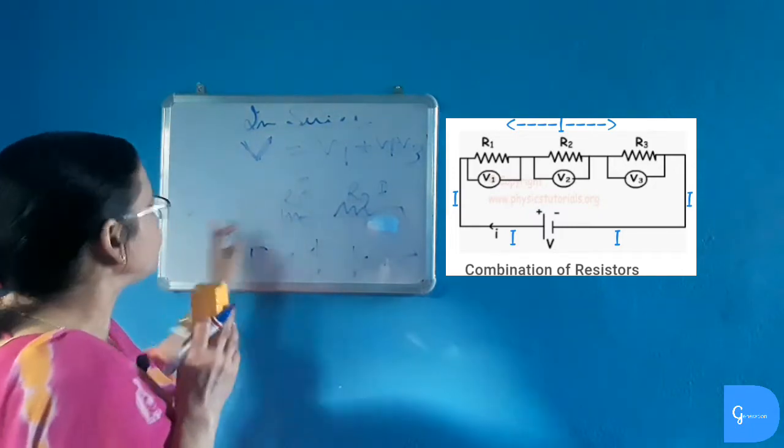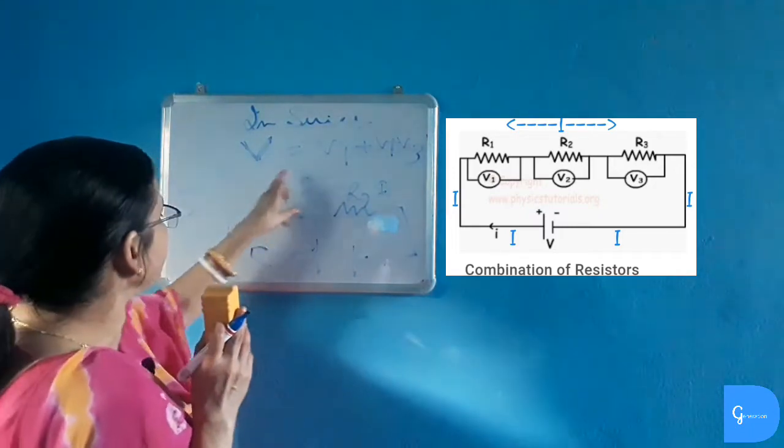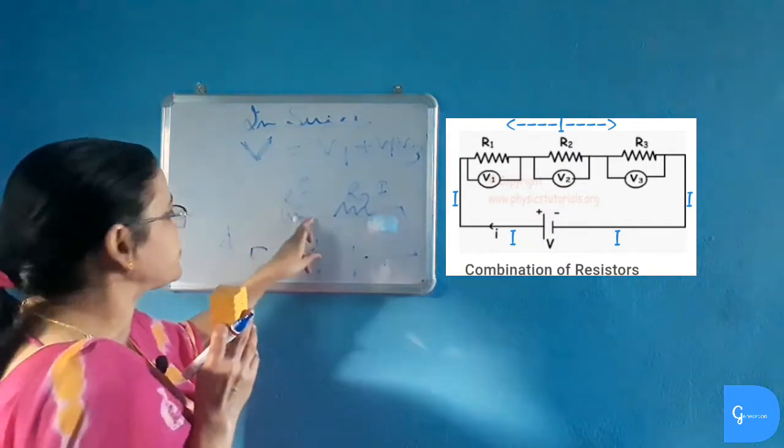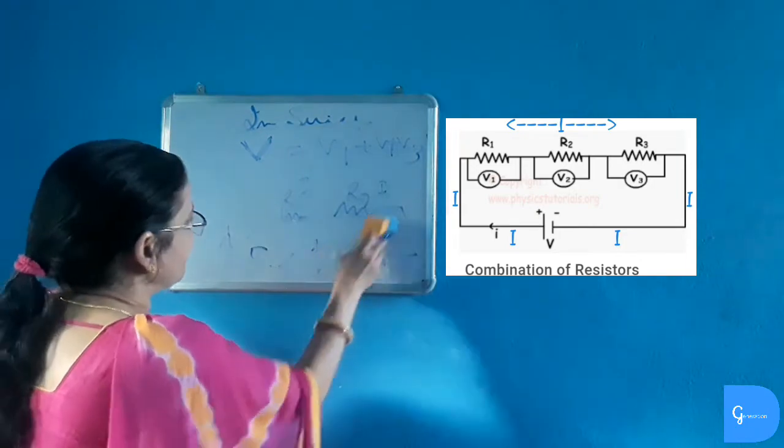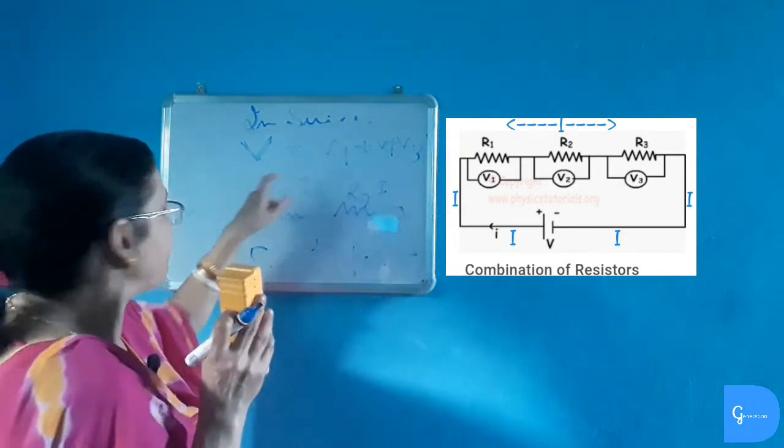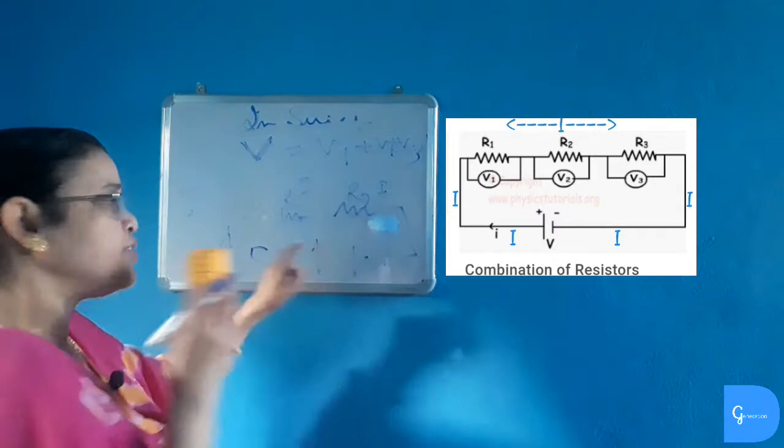It remains the same throughout the circuit. Only the potential difference across the two ends of each resistance differs, but the total potential difference across the battery is the same. That is, V1 plus V2 will be equal to V.